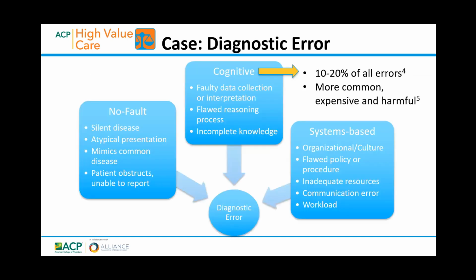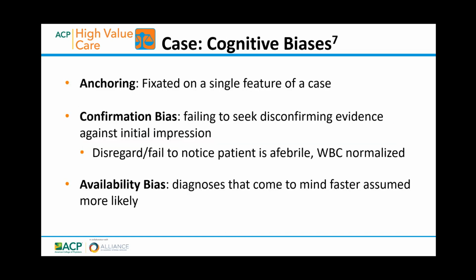So in this particular case, we saw that maybe the diagnostic error wasn't just cognitive, in the sense that there were probably some biases in our approach, because the patient was a readmission for cellulitis. We immediately thought cellulitis.